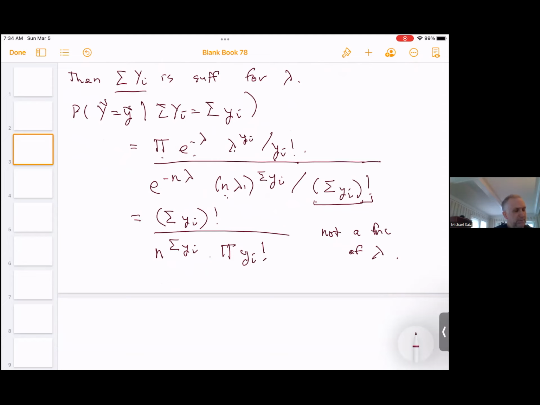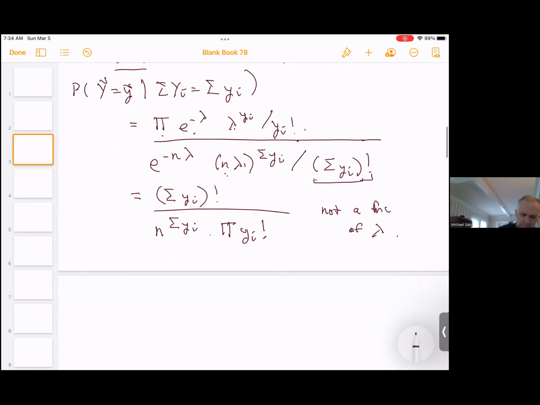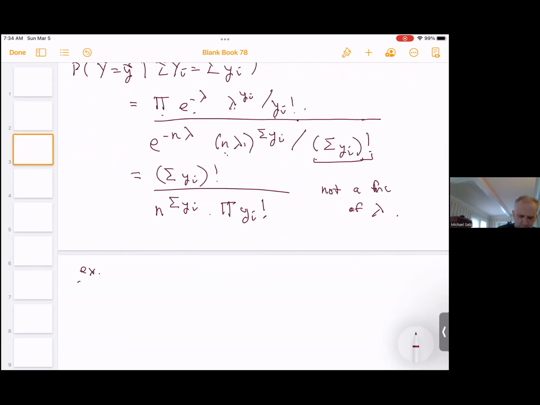Maybe let's do a little numeric example again. Maybe that was helpful, maybe not, but let's try it. So for example, a little example. Probability, say that y is equal to, I don't know, given the sum. You see why this has to be the sum of this, right? This can't be equal to this if the sum of yi is 4 or something. So those all have probability 0, so you can take those out.